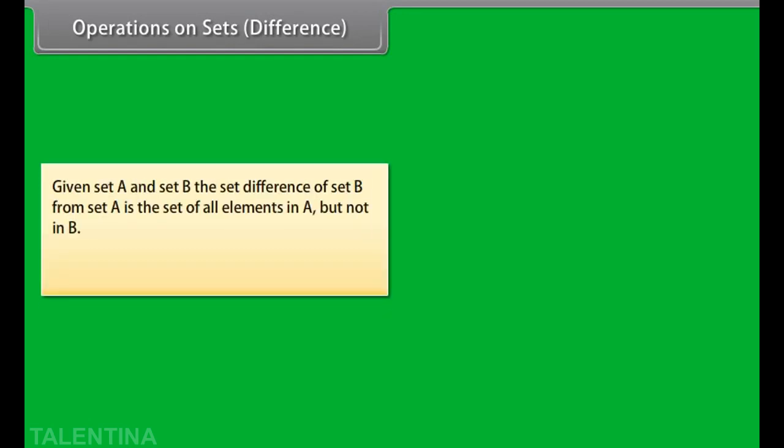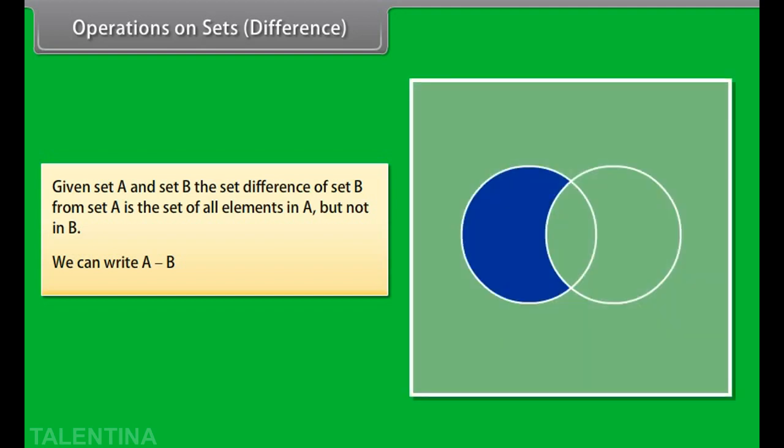Operations on sets: difference. Given set A and set B, the set difference of set B from set A is the set of all elements in A but not in B. We can write A minus B. Look at this Venn diagram.